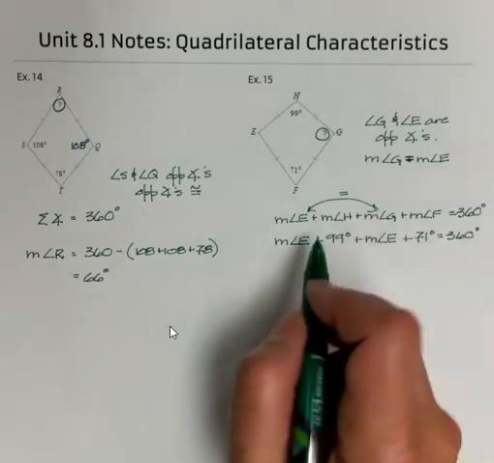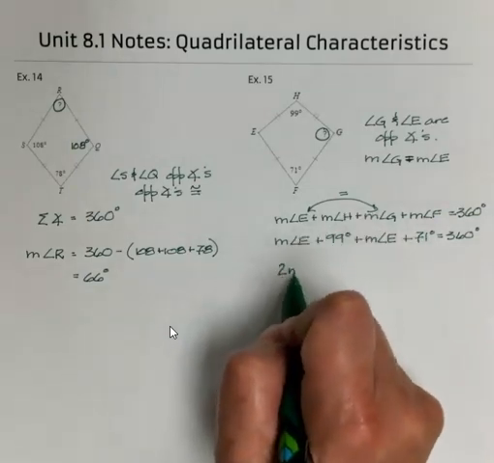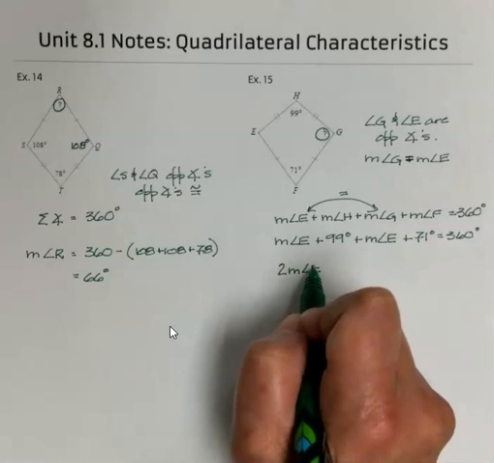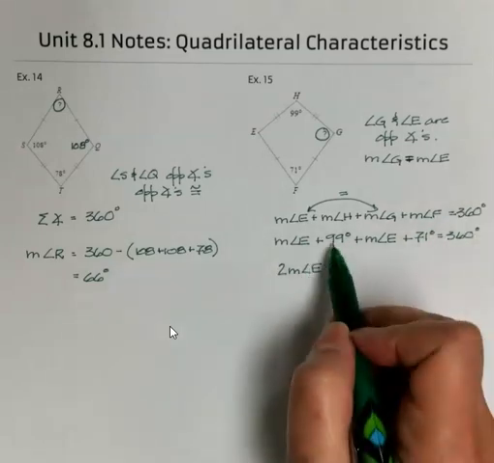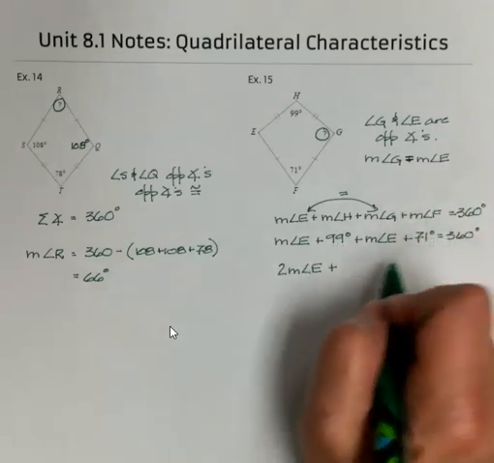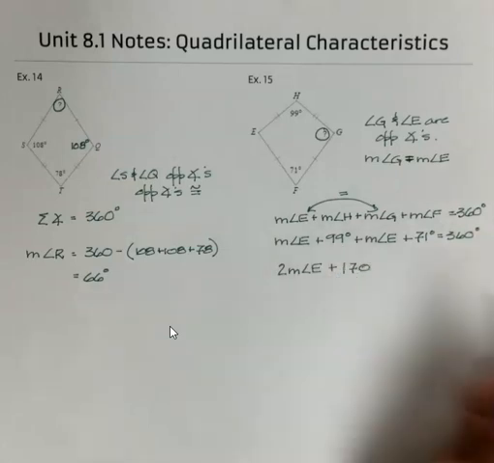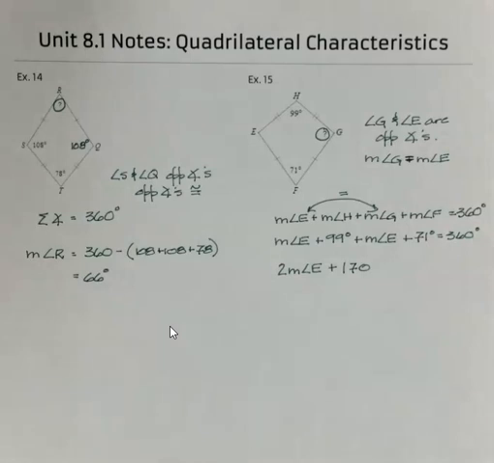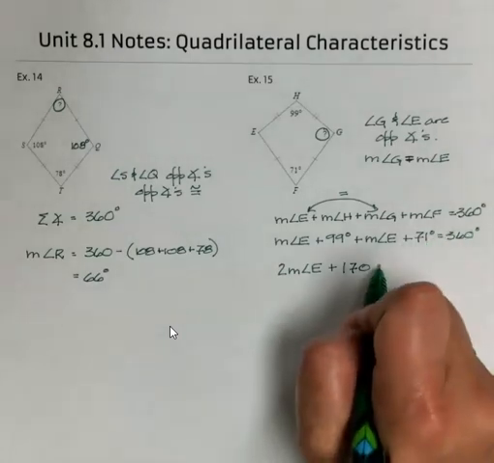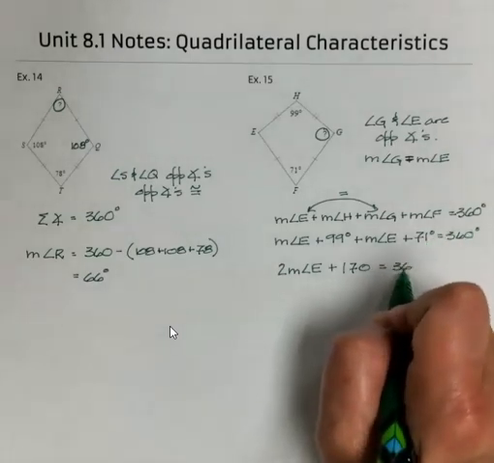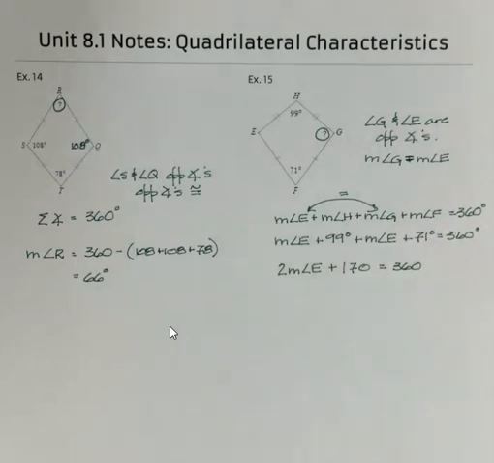I need to combine like terms, so I have 2 times the measure of angle E. 99 plus 71 will give us 170 equals 360.